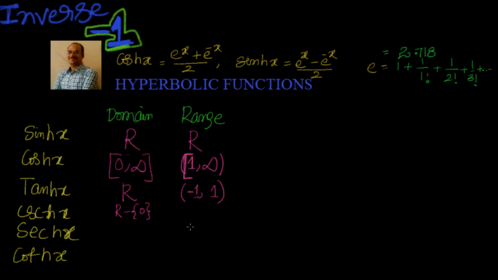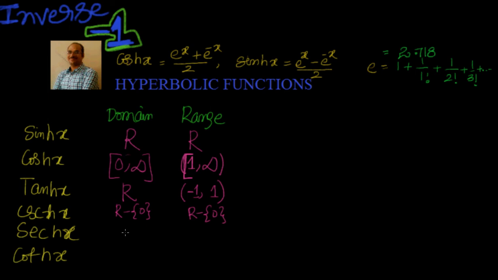Perfect. Coming to the secant hx. Again, we have seen that it's symmetric. Cos is symmetric, secant is also symmetric. And we have seen x can have any value in R, but we want to restrict it to 0 to infinity. So we'll say 0 to infinity.